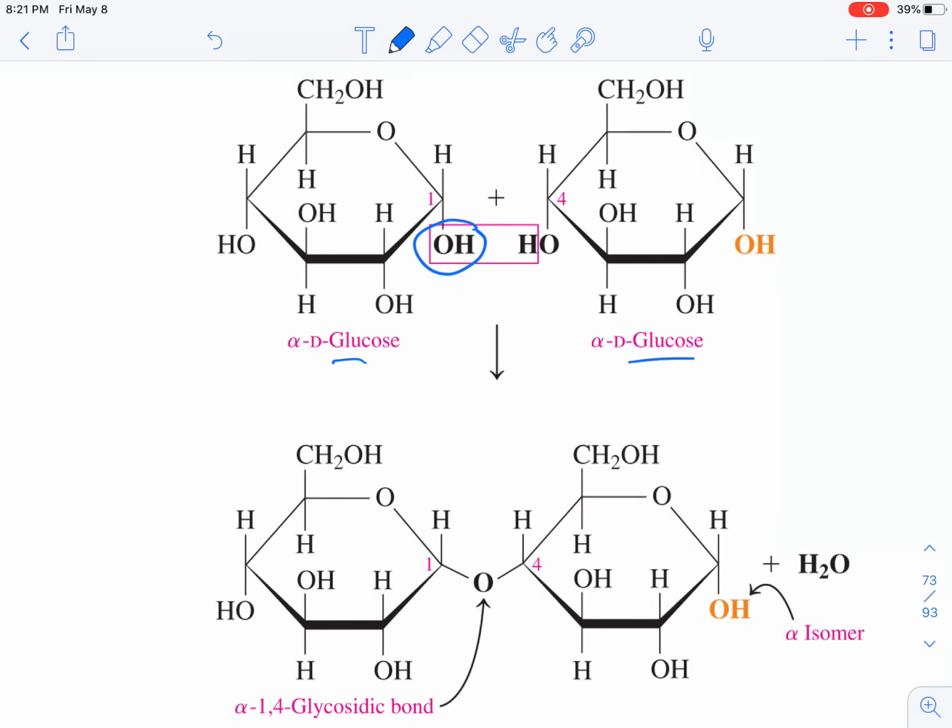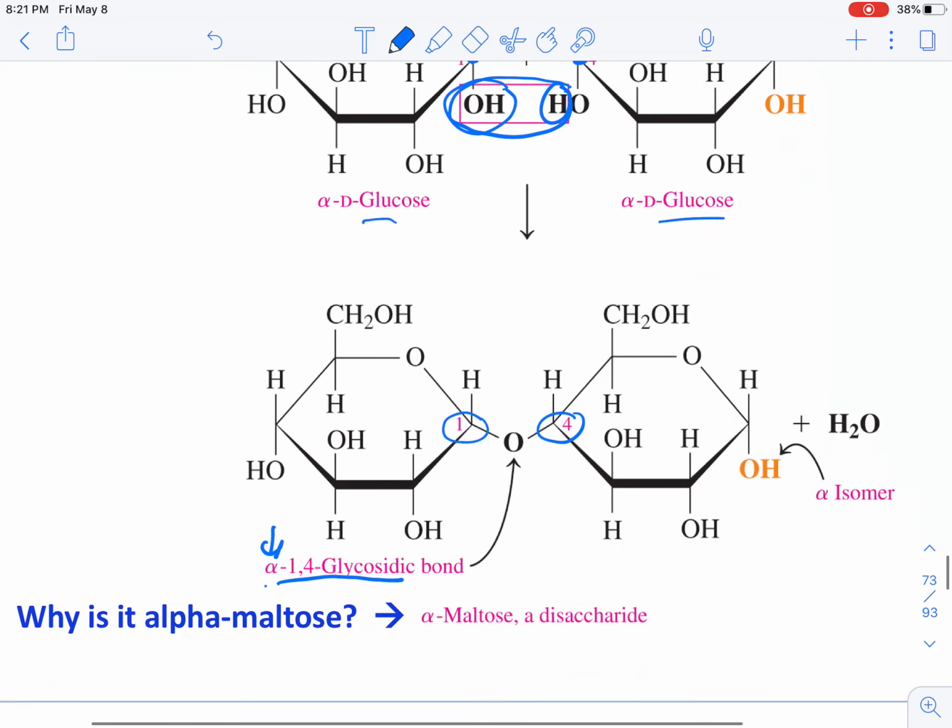Why is it alpha? How come it's not beta? And so this alpha is describing the position of the hydroxyl group on the anomeric carbon. And so if you recall from the previous lecture video when we were talking about Haworth structures, the alpha represents a hydroxyl that's pointing down below the ring.